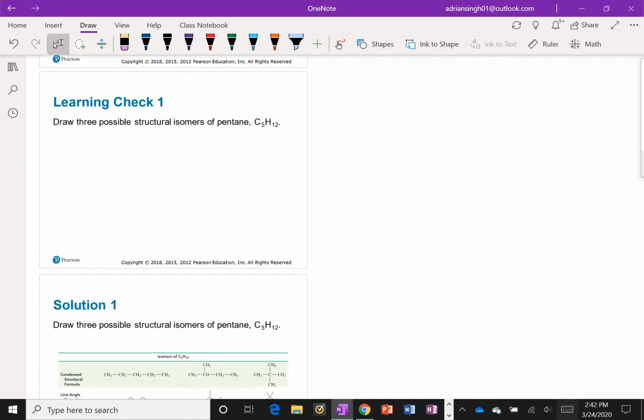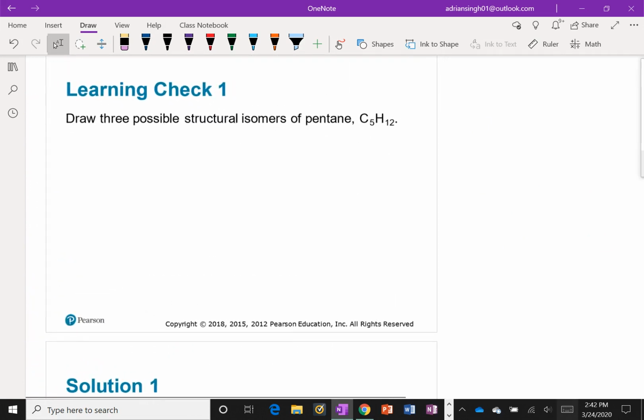Let's take a look at pentane, right? And the easiest way to start this off is just to draw the number of carbons that you're provided with in a row or in a line. So we have 5 carbons, so 1, 2, 3, 4, 5. That's one possible structure. The other ones that we can come up with, we're just going to take 1 carbon from each end and put it somewhere in the middle. So if I have 5 carbons to work with, I'm going to draw 4 carbons, 1, 2, 3, 4.